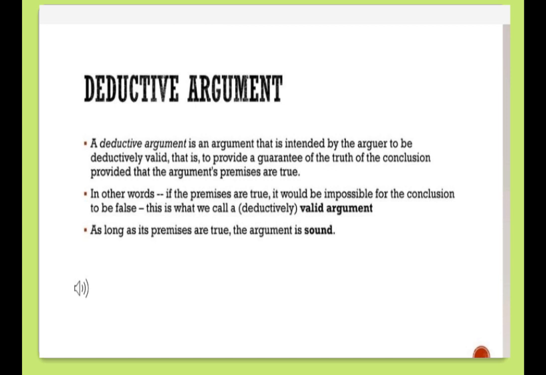The second, in other words, if the premises are true, it will be impossible for the conclusion to be false. This is what we call a deductively valid argument. The third, as long as its premises are true, the argument is sound.